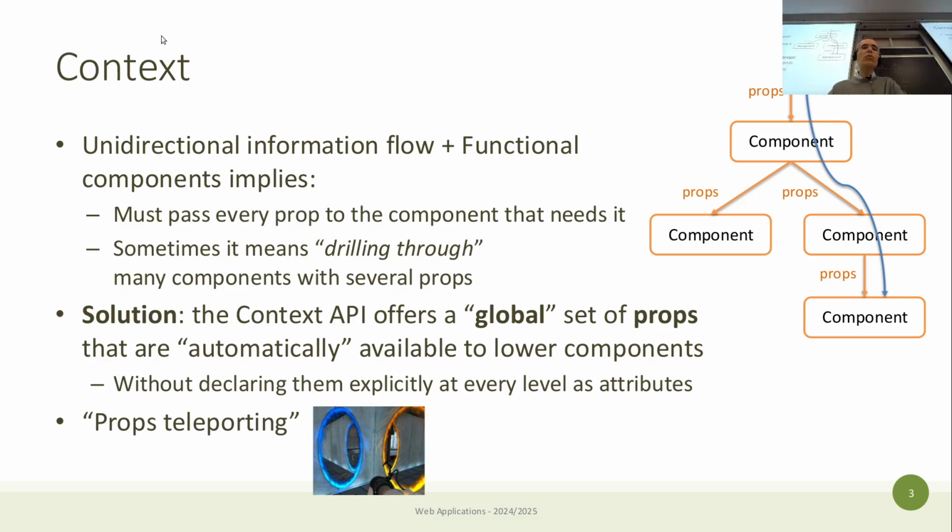And so the solution to this problem is the context. The context API offers a global set of props that can be made automatically available to lower components in the tree, without declaring them explicitly at every level, without passing them as attribute equal to value. A sort of teleporting, transporting information remotely automatically.